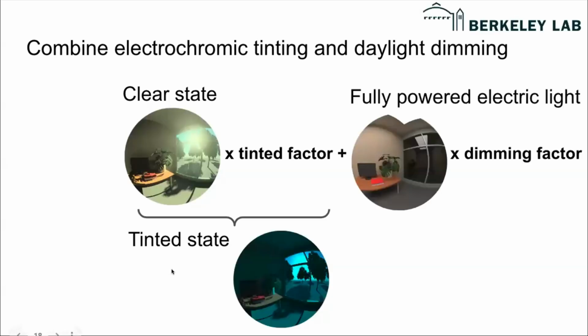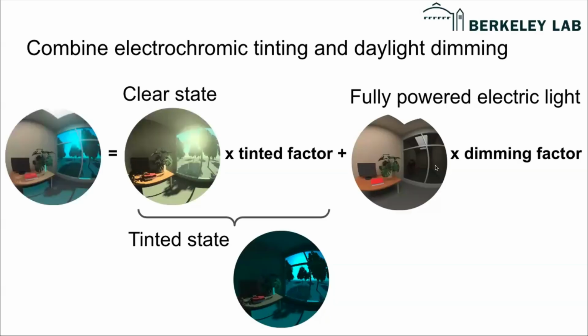And then to implement daylight dimming, I have the fully powered electric light there, and I multiply by a linear dimming factor that compensates for the insufficient amount of daylight in the work plane luminance. When I add the two together, the electrochromic tinting and the daylight dimming, it should give me the rendering on the left. In here you can see the luminaire and the electrochromic all in one nice photo.